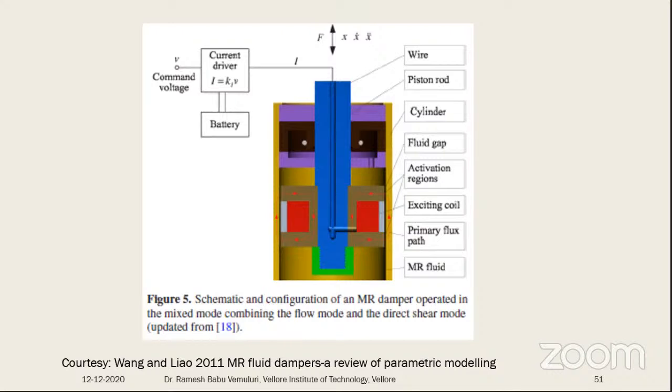Here we are applying the force in the opposite direction, and the magnetic field is applied in this direction. So obviously there is flow needed, and then direct shear is also happening. Here the magnetic field and force are applied in this direction, and it's moving in this direction. This is how we can apply the flow mode and the direct shear mode.